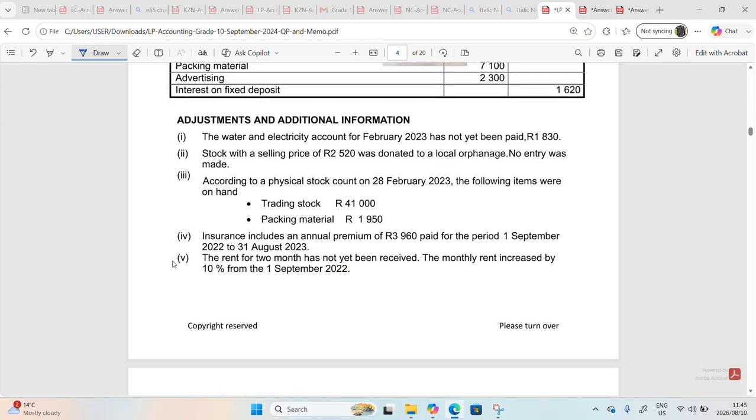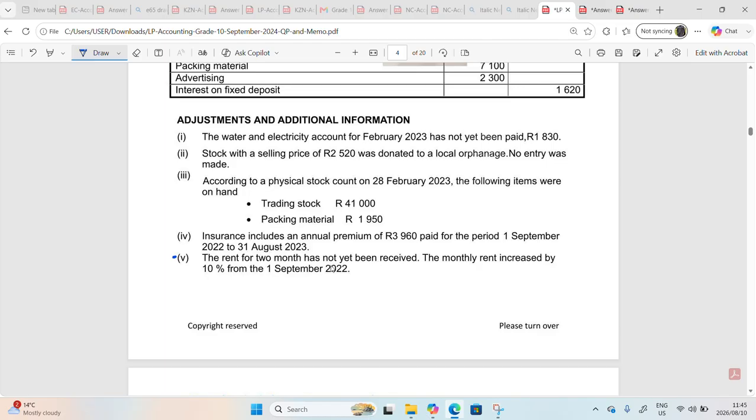Okay, if you notice Roman figure number 5, we're told that the rent for 2 months has not yet been received. The monthly rent increased by 10% from 1st September 2022. You can even pause this video and read that information carefully.